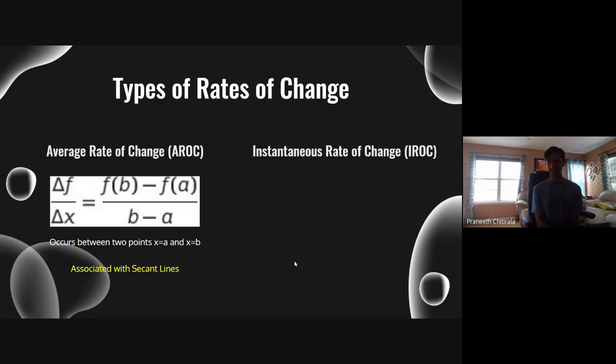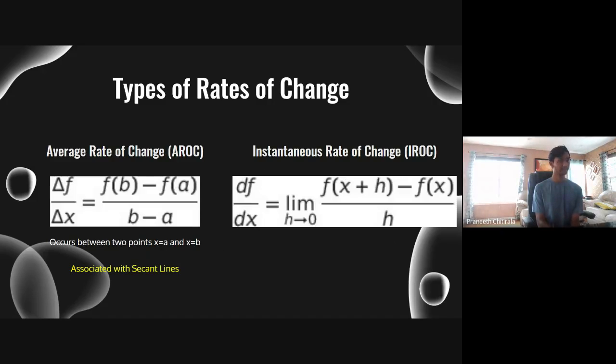The instantaneous rate of change, however, also known as IROC, is the derivative. So this is the definition of the derivative right here. The derivative of f of x with respect to x is equal to the limit as h approaches 0 of f of x plus h minus f of x all over h, and this occurs at one point a.